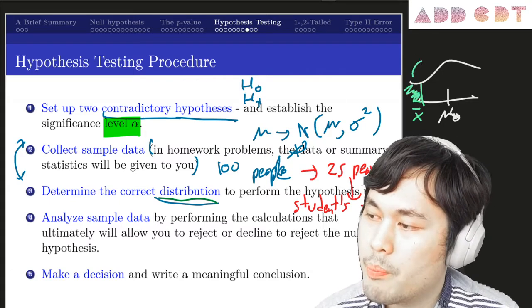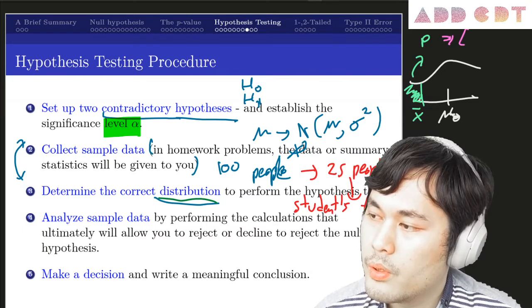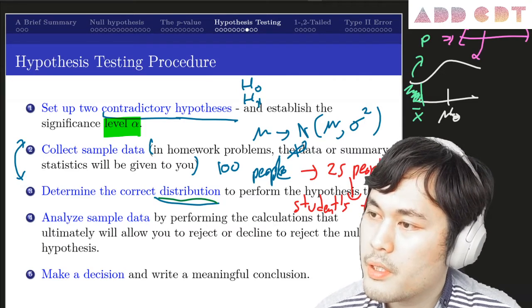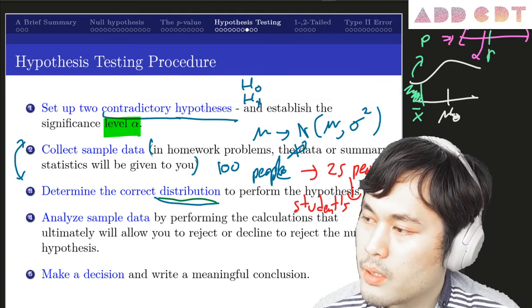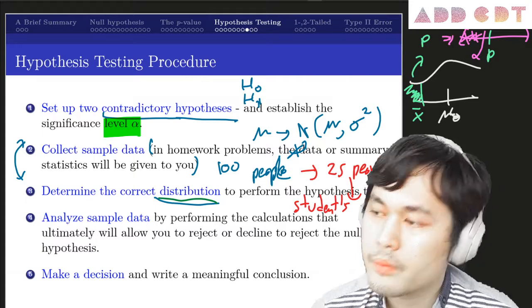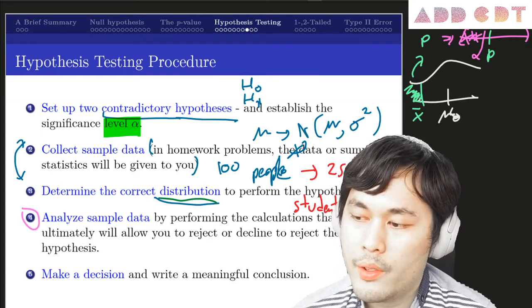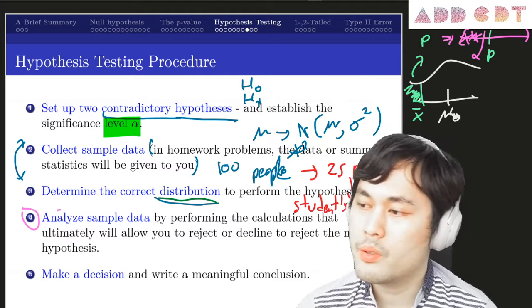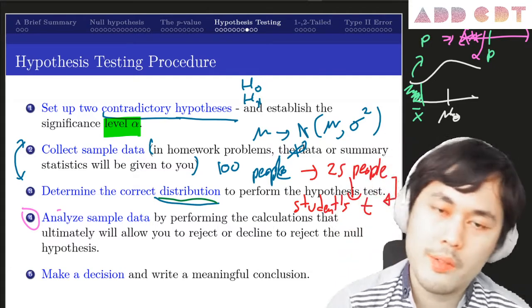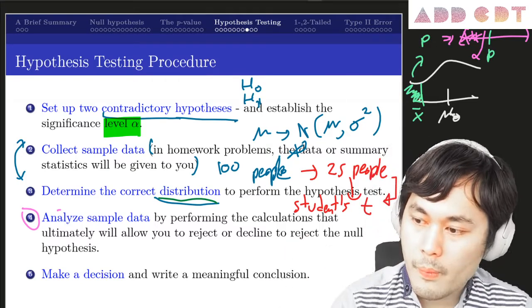You can compute the p value, and then from that p value you see if it's smaller or larger than alpha. Right, so that's step 4. You analyze this. You get the mu, you get the x bar, you get the standard deviation, you get the proportion, whatever you want, and then you get the p value.